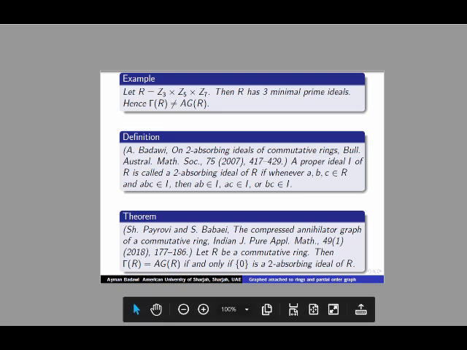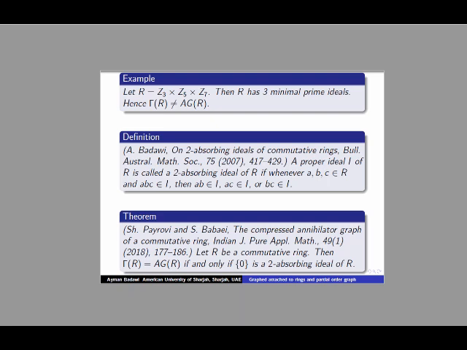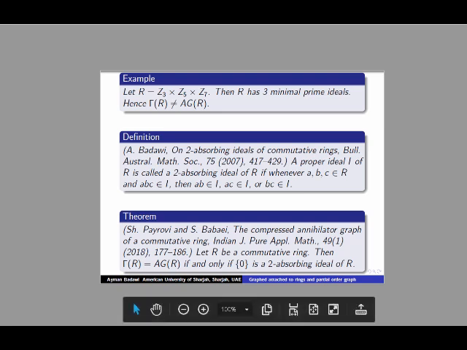Then the zero divisor graph is the same as the annihilatory graph if and only if 0 is a two-absorbing ideal of R. So they made a connection between two-absorbing ideals and the annihilatory graph and the zero divisor graph.